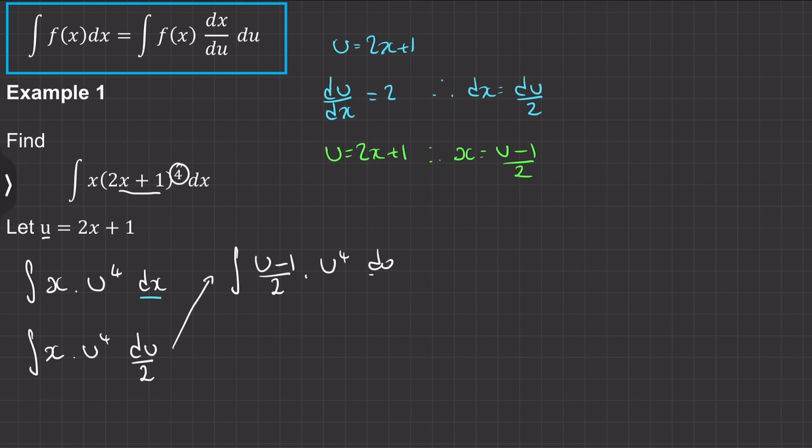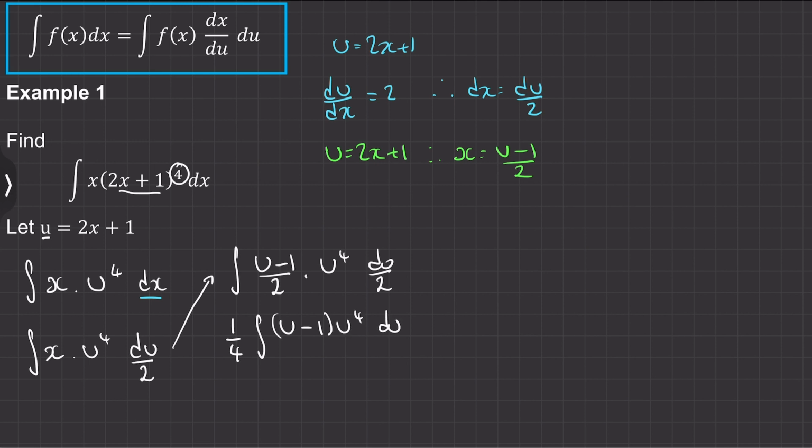And we can simplify this by taking out the division of 2, and again, so this becomes a division of 4. And we can move this quarter in front of our integral sign. So we have the quarter of the integral of u minus 1 multiplied by u to the 4 du.